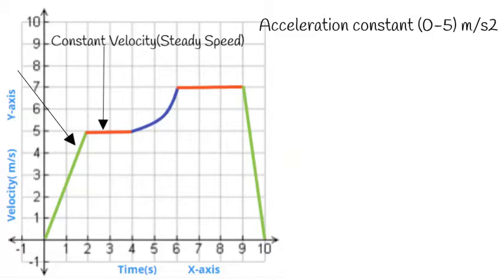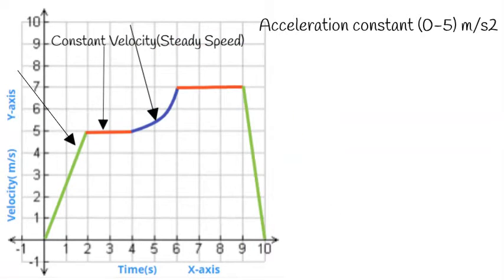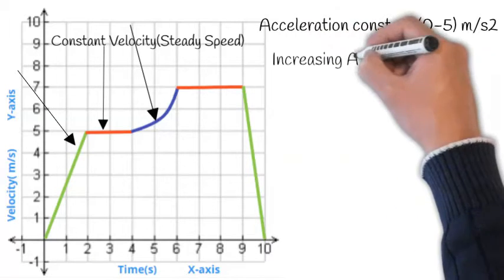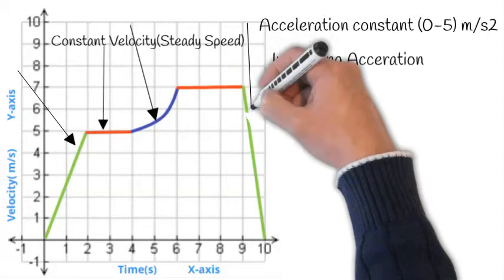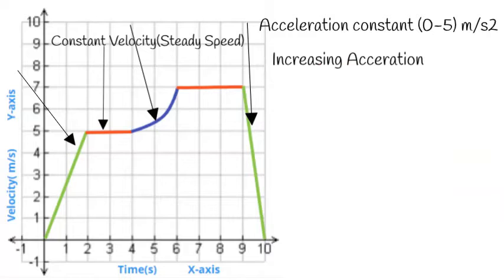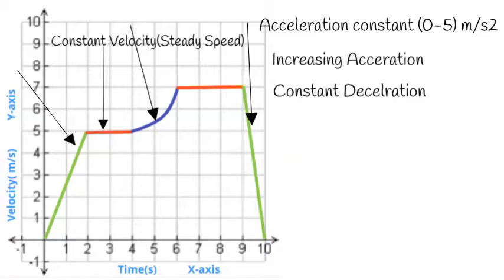And the blue line showing that the velocity of an object increasing, so acceleration increasing during these intervals of time between 4 and 6 seconds, acceleration increasing. And the end line, green line, showing that the body moving in opposite direction, so constant deceleration producing.